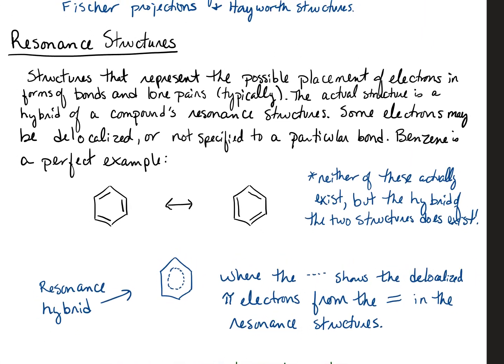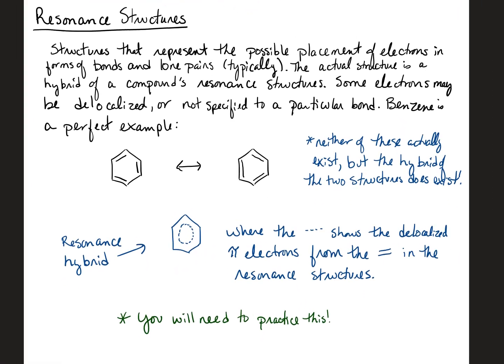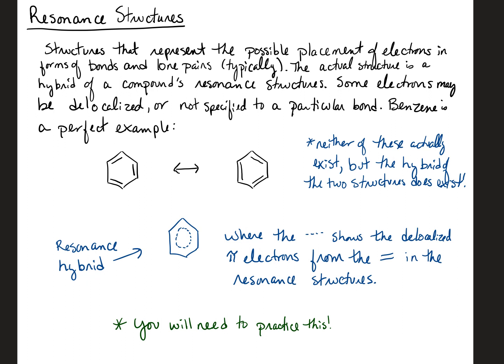Talking about different structures, it's time to move on to resonance structures. I'm going to follow this up with a video that's specific to resonance structures as well. Resonance structures are awesome things that represent the possible placement of electrons.